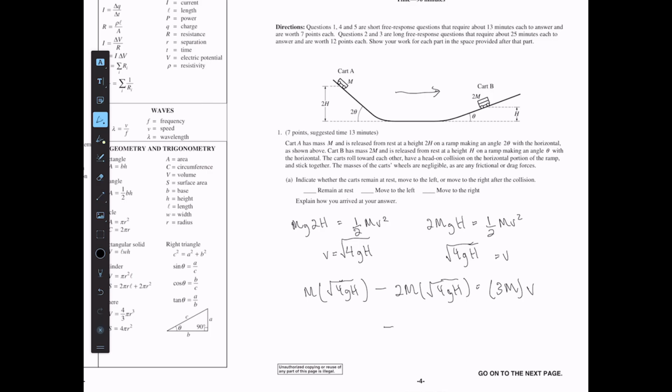So this is negative m square root of 4gh over 3m equals v. So velocity is negative. And we said that right is positive, so that means left is negative. It moves to the left.